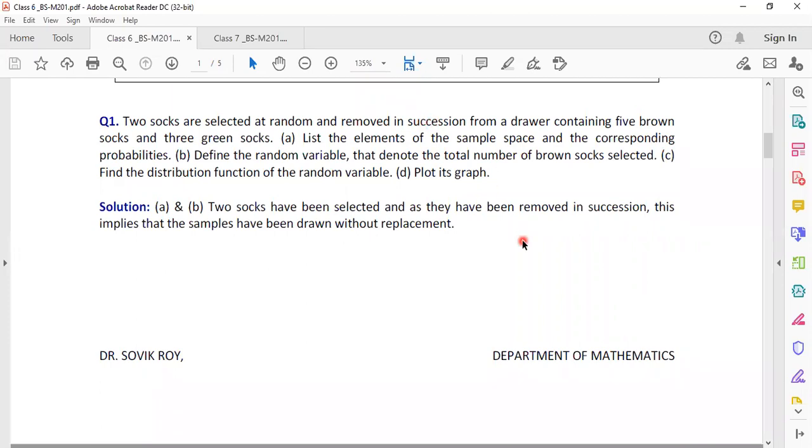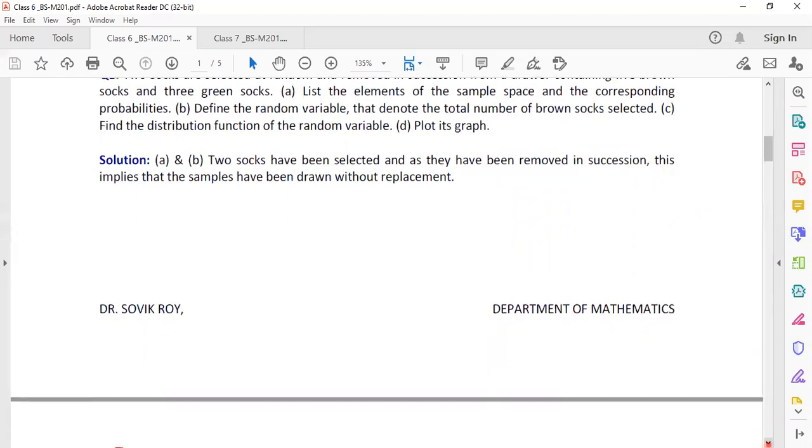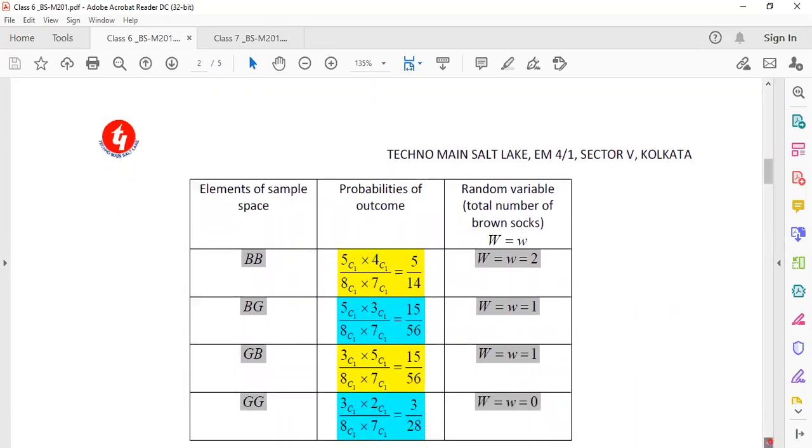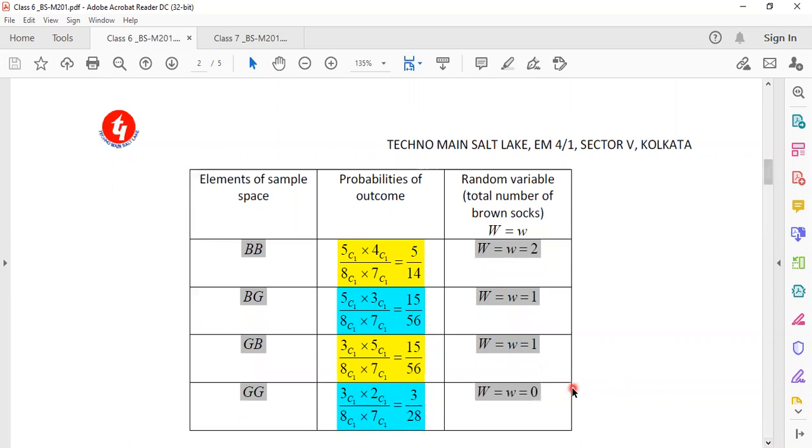According to the question, if I denote the random variable by W, you find that in the first element of the sample space, the total number of brown socks is 2. So W has got the value 2. And the total number of brown socks in the second and third is 1. In the fourth case it is 0.